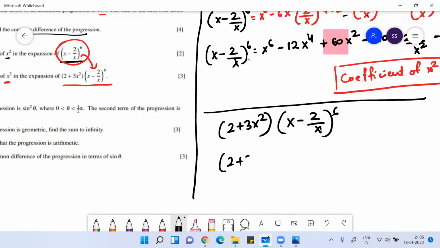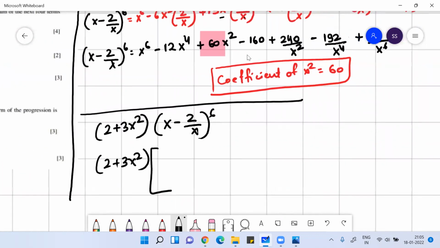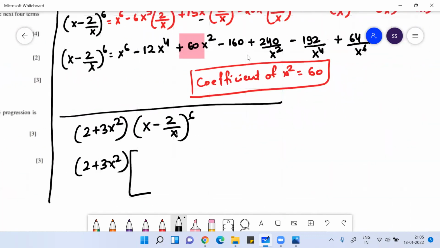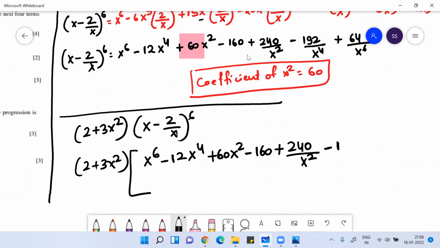Now the expansion of x minus 2 by x to the power 6, that I have already done: x to the power 6 minus 12 x to the power 4 plus 60 x square minus 160 plus 240 by x square minus 192 by x to the power 4 plus 64 divided by x to the power 6.